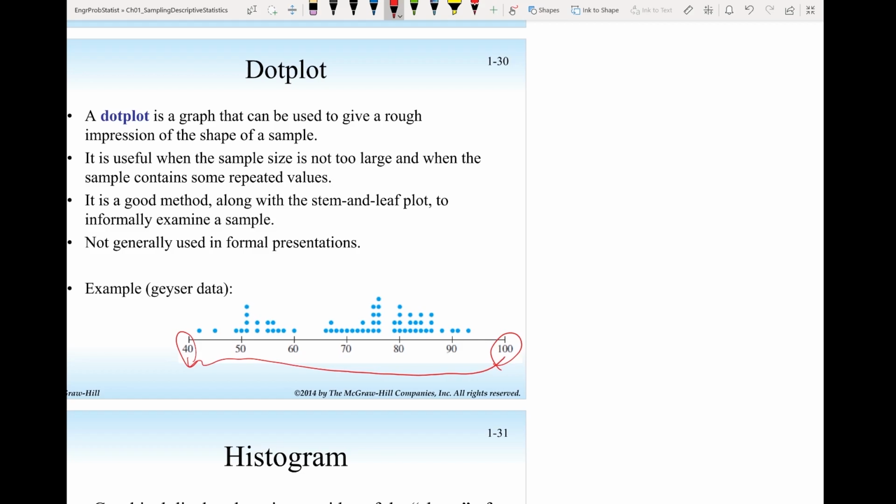For example, the score 51, there are 1, 2, 3, 4 people, so I put 4 dots. The score 70, only 1 data point with 70, so 1 dot. If that was 76, then there are 1, 2, 3, 4, 5 data points with value 76. And that's the dot plot.